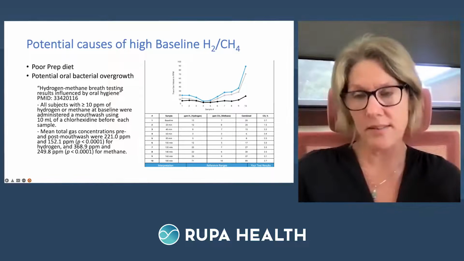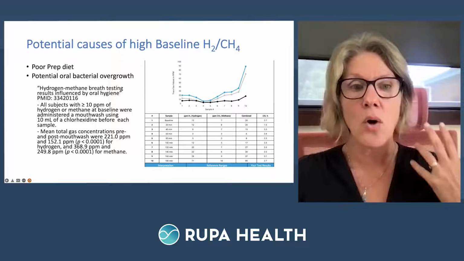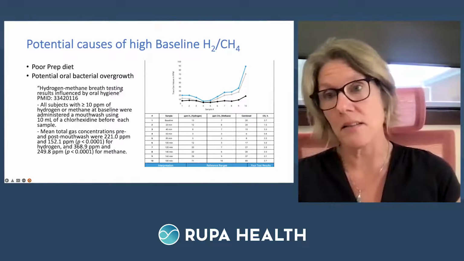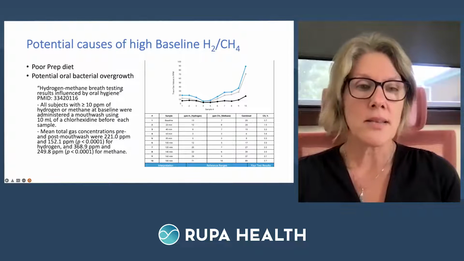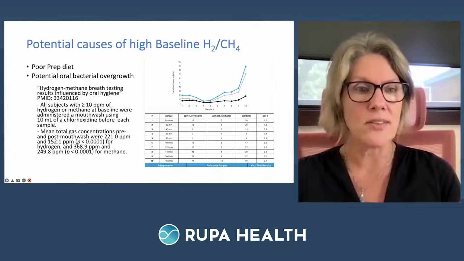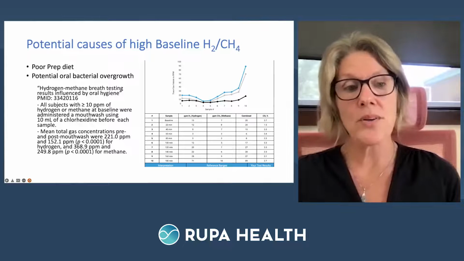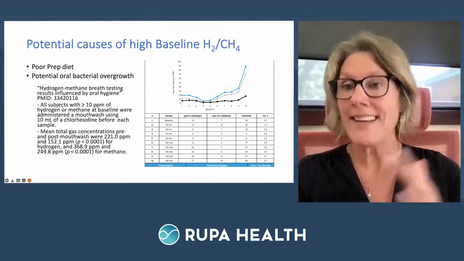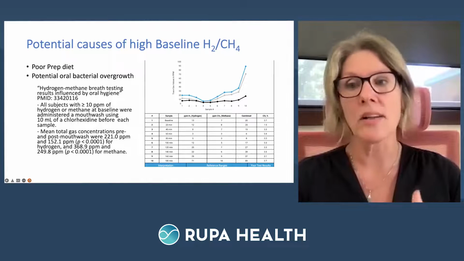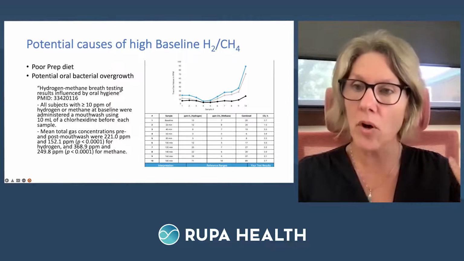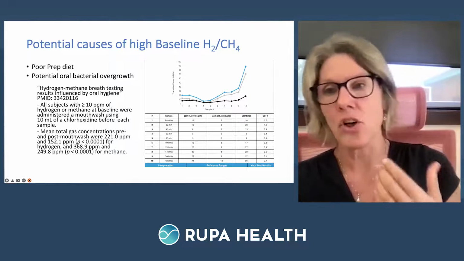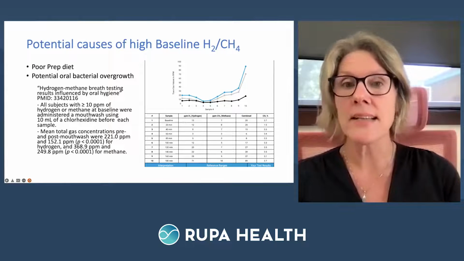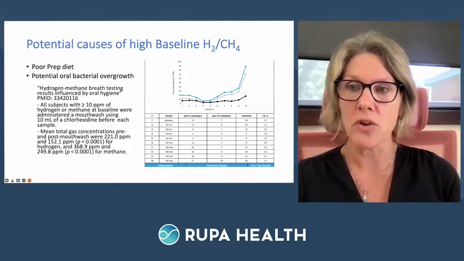But also there's some evidence to suggest that oral bacterial overgrowth may contribute to some of these cases of high baseline. There is this couple years old study that looked at total gas levels before and after an oral mouth rinse, and it showed a reduction in some cases of total gas levels.